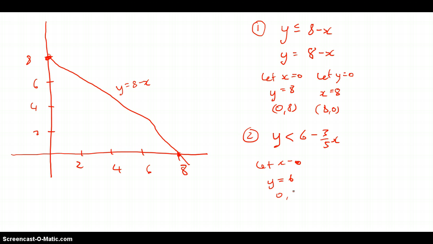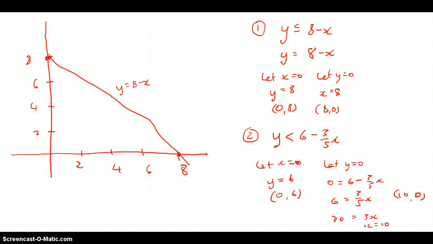So my point for that one is 0, 6. Next, let y equal 0. If I let y equal 0, I get 0 is equal to 6 minus 3 on 5x, so 6 is equal to 3 on 5x, 30 is equal to 3x, and x is equal to 10. So I get my point 10, 0.